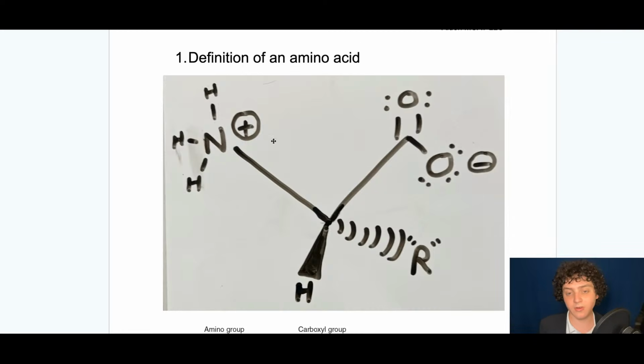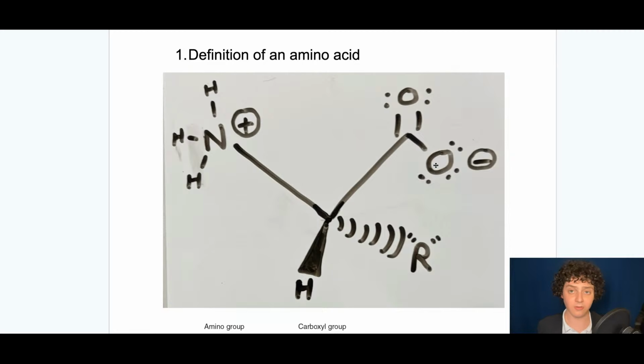So if an amino acid is a molecule that has this group and this group, well, it seems as though you could make any kind of molecule with those two groups and it would be an amino acid.